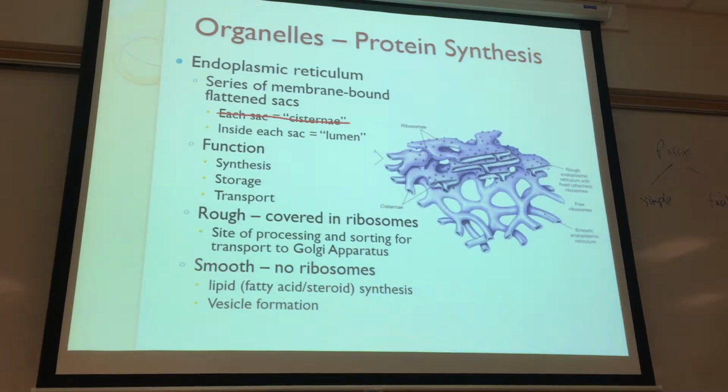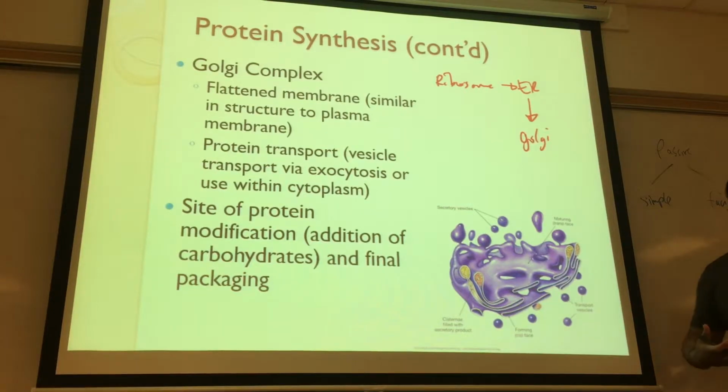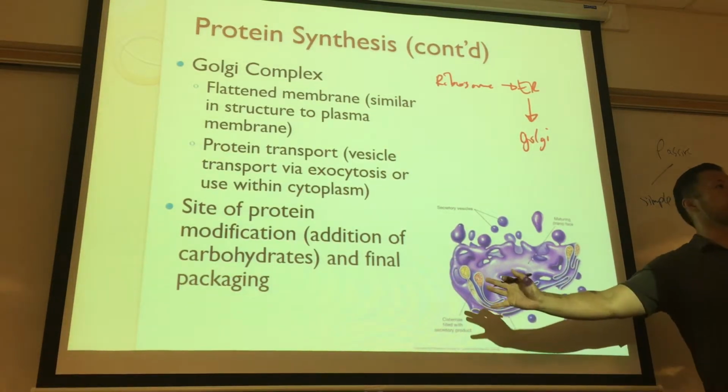Now, the third stop will be the Golgi complex. This is next in place. So when we had the ribosome, we had the endoplasmic reticulum. The Golgi complex is where we go for the packaging of the protein. And this packaging allows it to kind of accommodate for its destination. So in most cases, this is going to need to make it up to the cell membrane or through the cell membrane.